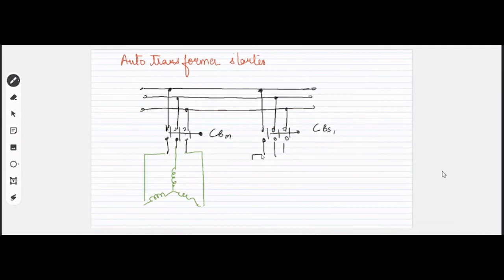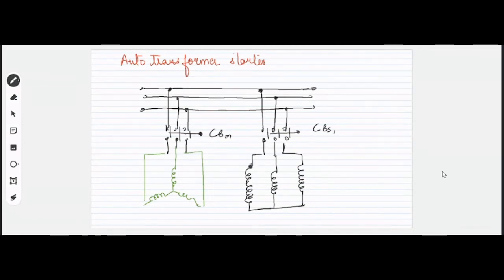So we have one three-phase auto transformer. Of course, you may remember that an auto transformer is a kind of transformer in which we have a single winding only, that serves the purpose of both secondary as well as primary.